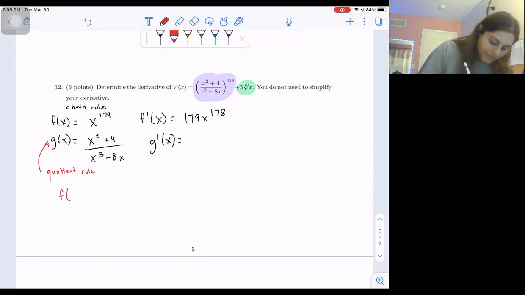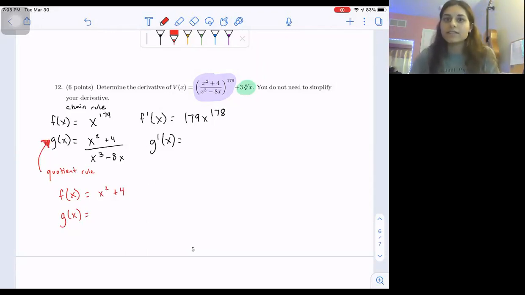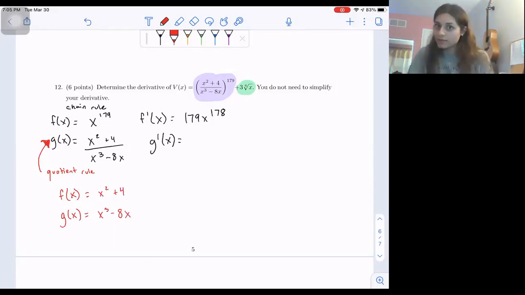But f of x is the top and g of x is the bottom. So f of x is going to be x squared plus 4. Remember, we're only dealing with this g of x right here. We're just trying to find the derivative of this g of x so we can apply it to the chain rule. So in this case, our bottom is x cubed minus 8x. Okay, then to use the quotient rule, we're going to find the derivative of f of x and g of x, the ones in red.